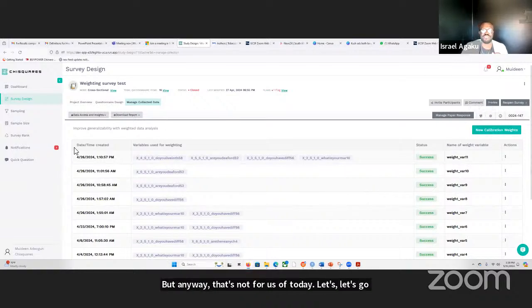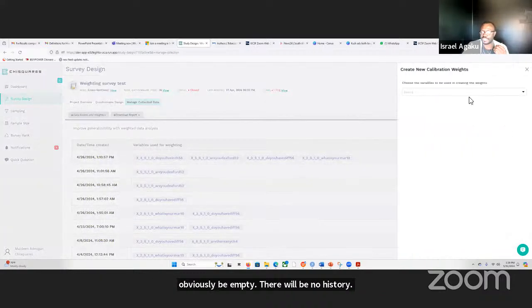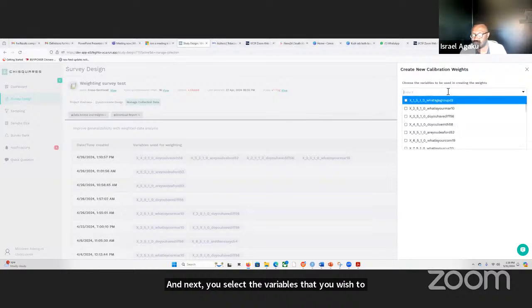You come here. If you've never done any weights, this will obviously be empty. There'll be no history. So you click on this button that says new calibration weights. And next, you select the variables that you wish to use in creating the weights, right? The drop down here displays all the variables in your data set.